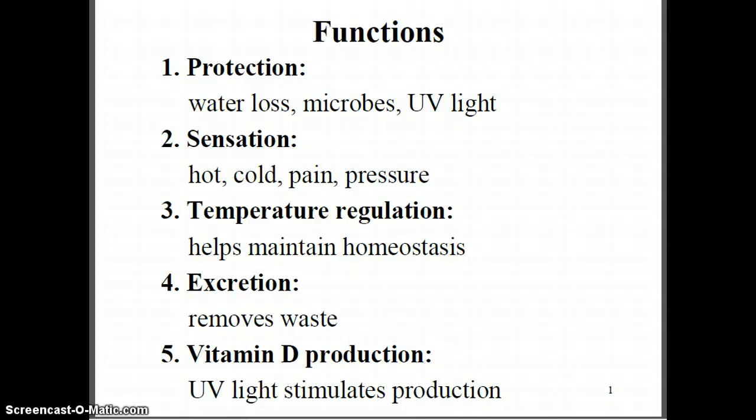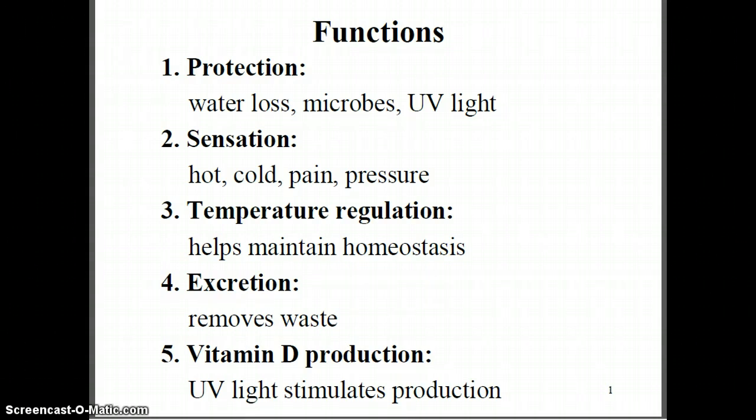I want to go over some of the major issues that I feel are important for you to remember about this system. First of all, the functions. You can read this, but it is important to reiterate. Our skin protects us from water loss, from the entrance of microbes, which are, of course, microscopic, possible pathogenic organisms, bacteria, viruses, etc. If you have intact skin, then those microbes will not enter.